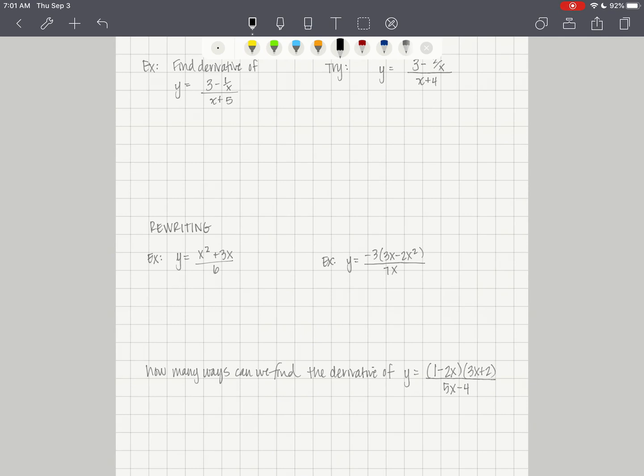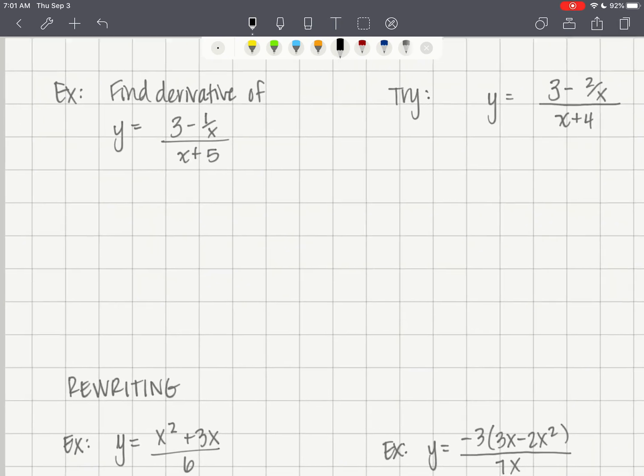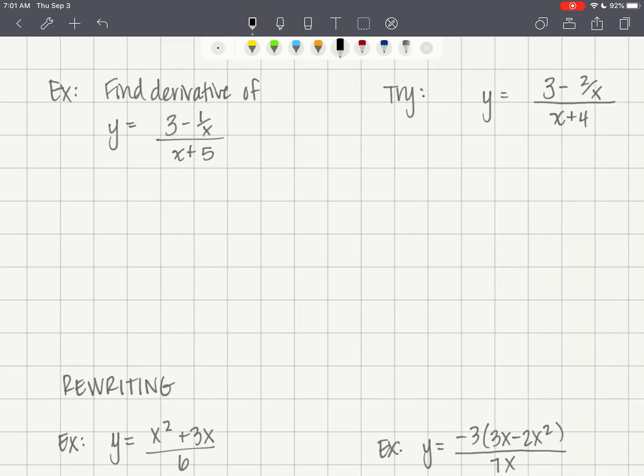Okay, so we've got some more quotient rule. We're going to go through this quickly because it's all about being able to do these derivatives quickly.